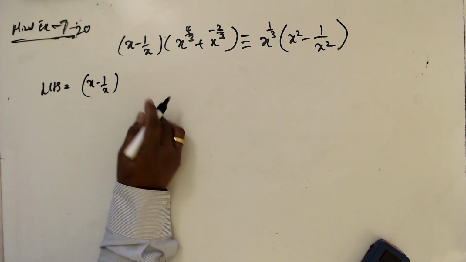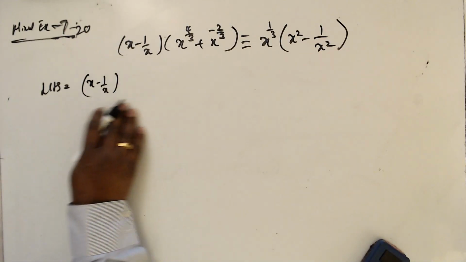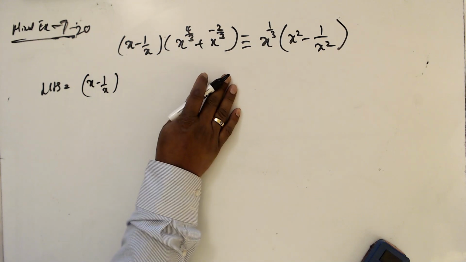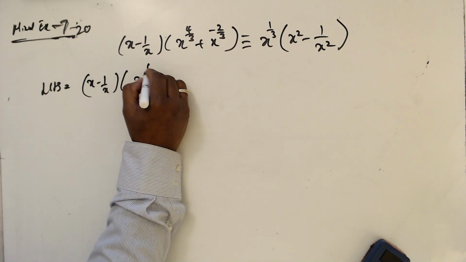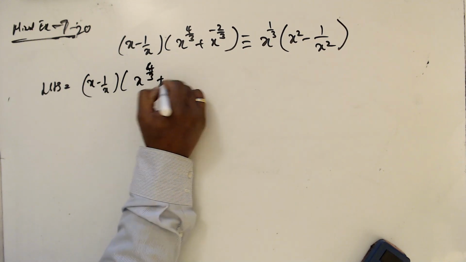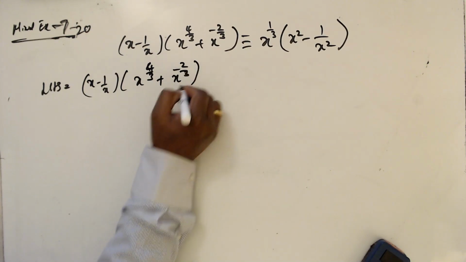Question number 20. We want to prove this one, so we'll consider the left hand side: x to the 4 over 3 plus x to the minus 2 over 3.